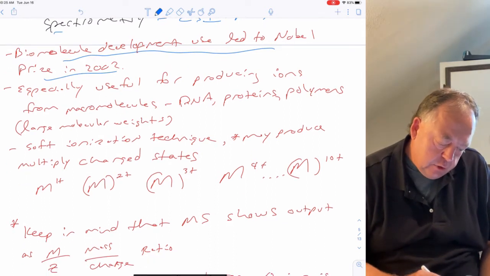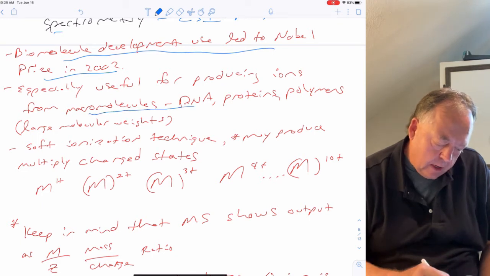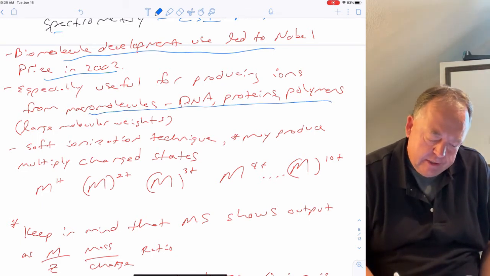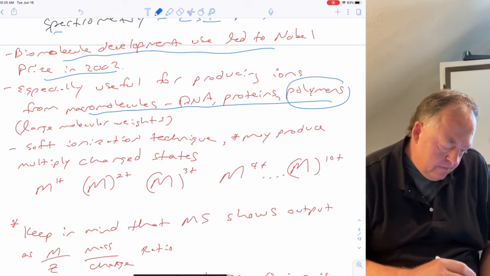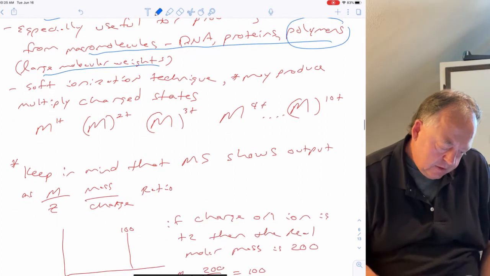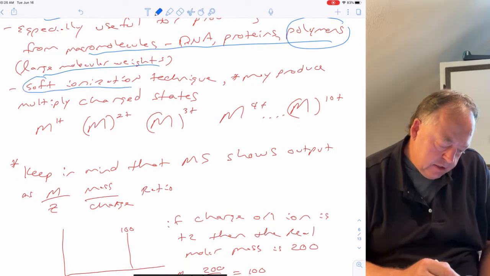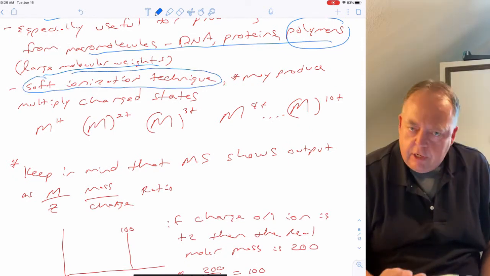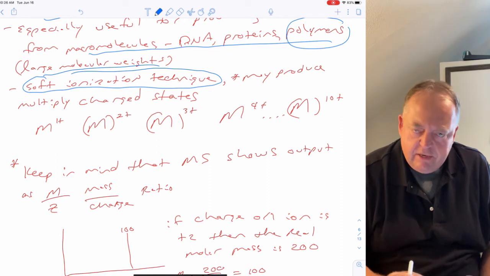So it's especially useful for producing ions from macromolecules like DNA, proteins, polymers, any molecule with very large molecular weights. It's another soft ionization technique, so you're not going to get fragmentation, or if you are, it's going to be minimal.